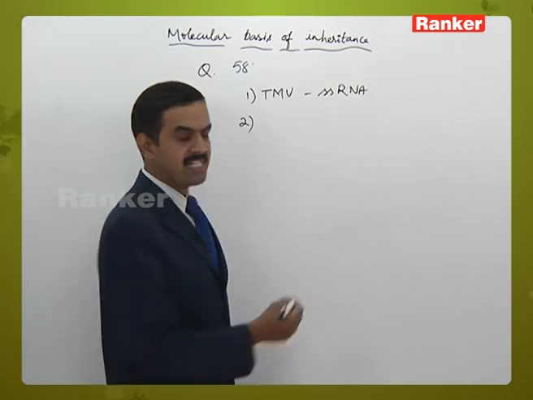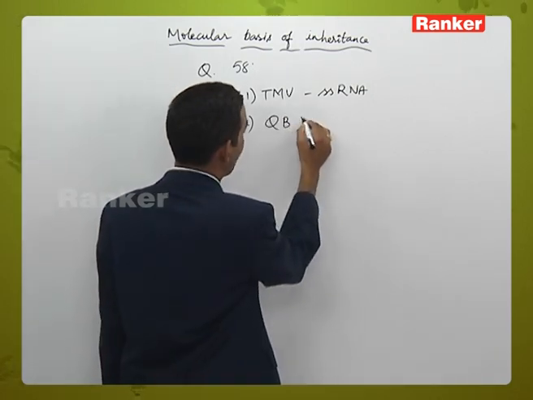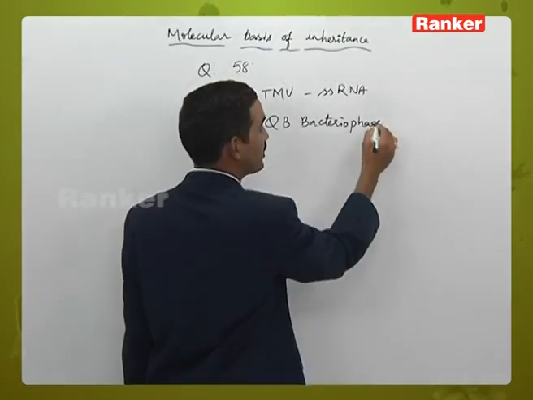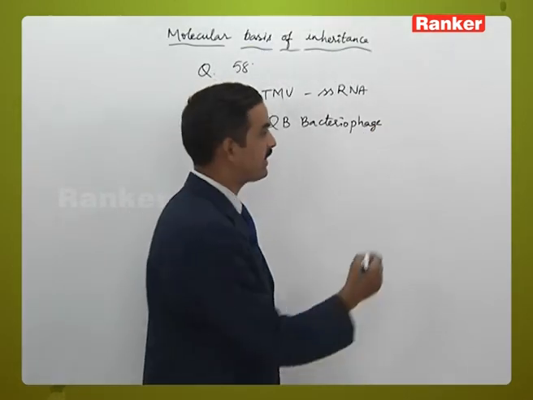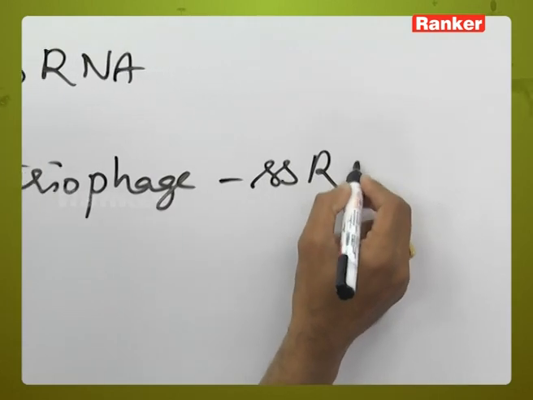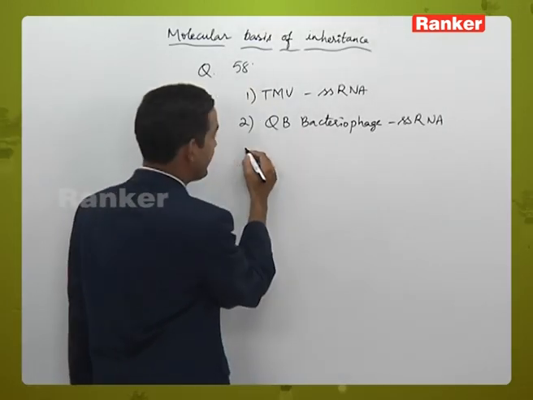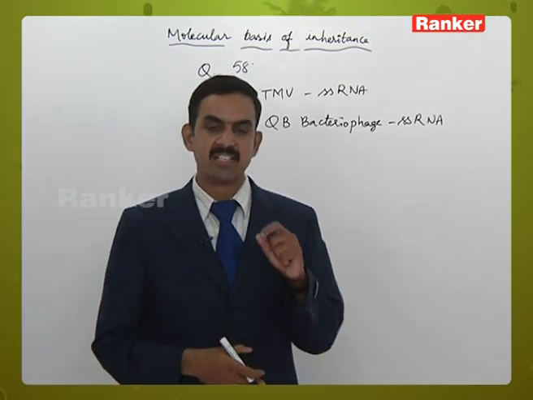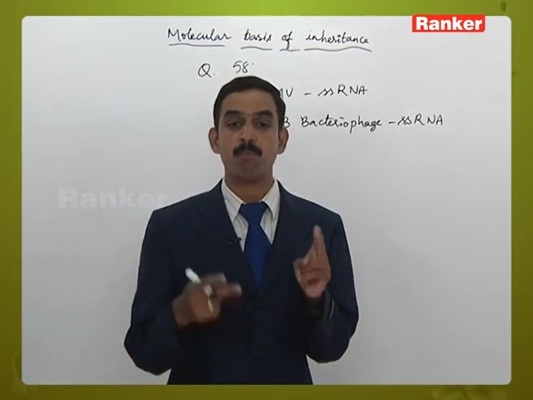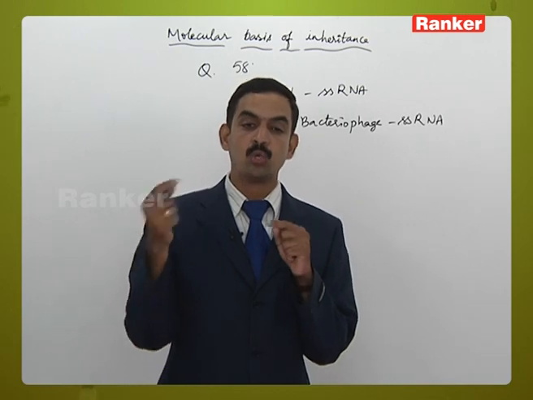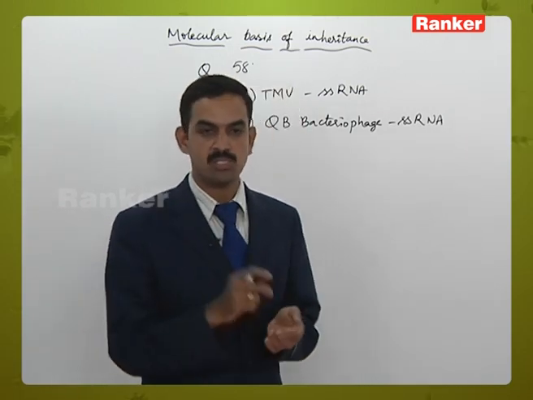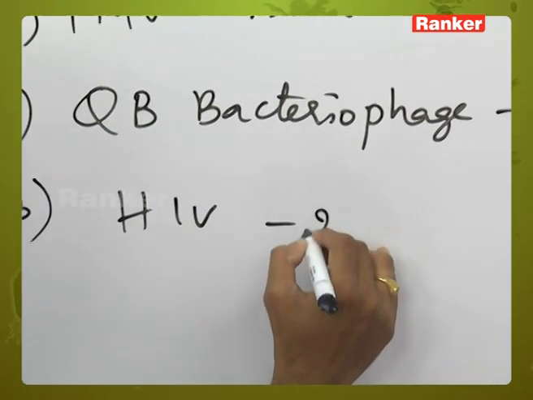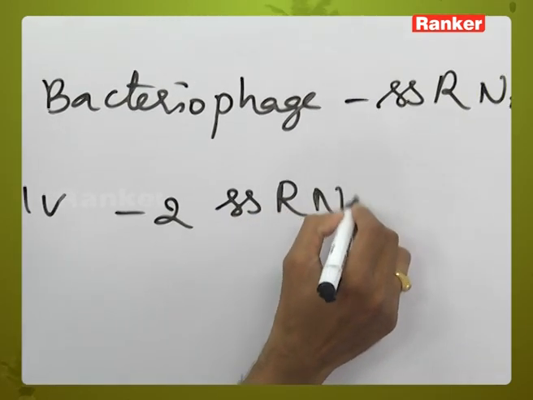The second one is Qβ bacteriophage. In Qβ bacteriophage also, the genetic material is single stranded RNA. So this is also correct. Then the third one, HIV. HIV contains single stranded RNA, but it contains 2 single stranded RNA molecules. So whatever is given is correct.